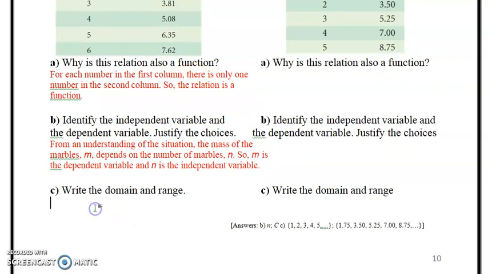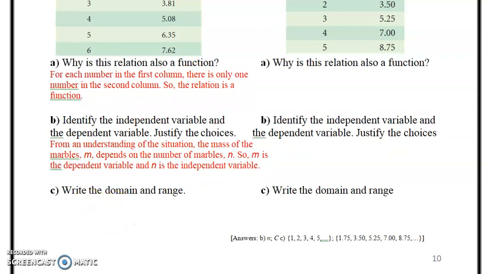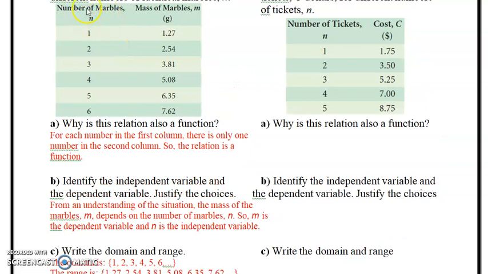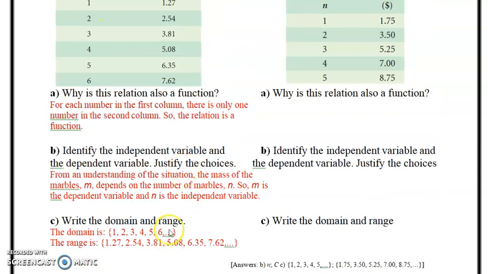Next, we have the domain and range. So we're going to write the domain and range next. Looking up here, the domain is going to be your independent variable, which is the number of marbles. So obviously these are natural numbers. They can't be 0 or negative. So it's just your natural numbers or your counting numbers: 1, 2, 3, 4, 5, 6, and so on. Again, notice that I put a comma and the 3 dots. It'll continue on forever, right?